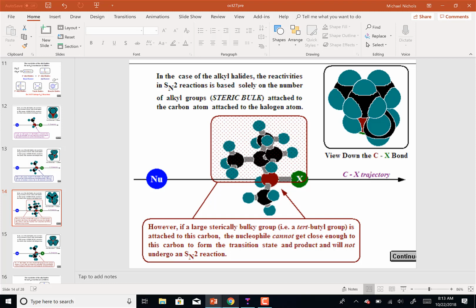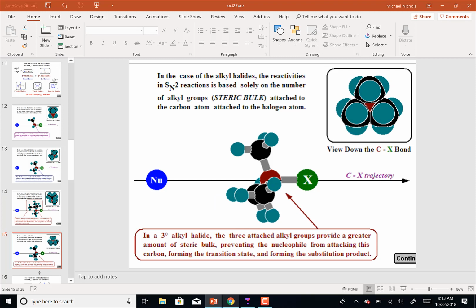And so what happens with a molecule like this is that if it can't undergo SN2, it will lose the halogen and undergo SN1. So those are complementary reactions, which is why we're going to talk about them today, and we're going to talk about them on Wednesday. And then we're going to summarize them all together. Okay.